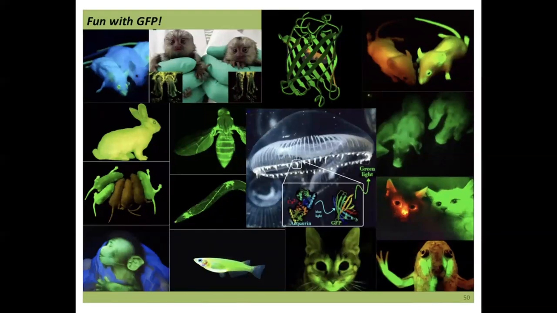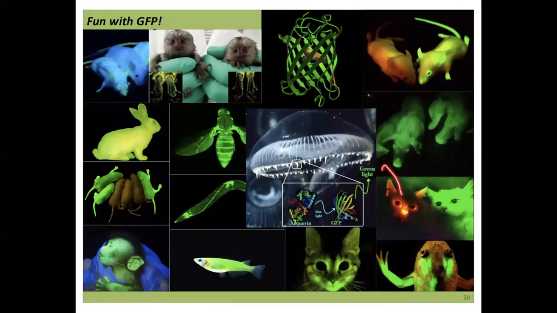This protein, which just has this beta barrel, actually fluoresces green. They use it in molecular biology quite frequently, and they get animals to express this protein. Then when you shine an ultraviolet light on it, they fluoresce green.